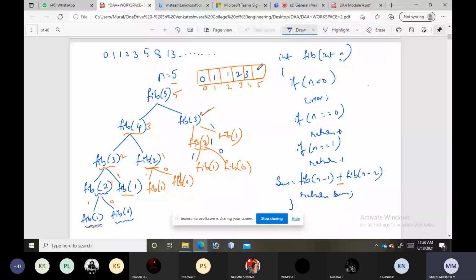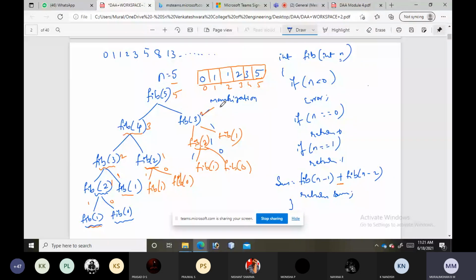See, here we are using fib of 2, so I can use this value. Here I am using fib of 3, so I can use this value. This we call memoization.